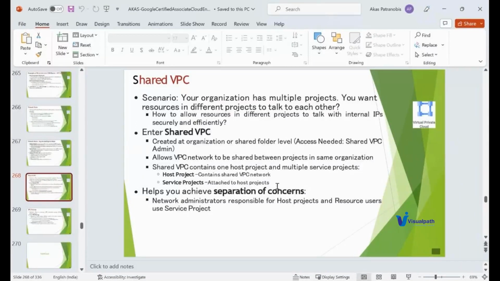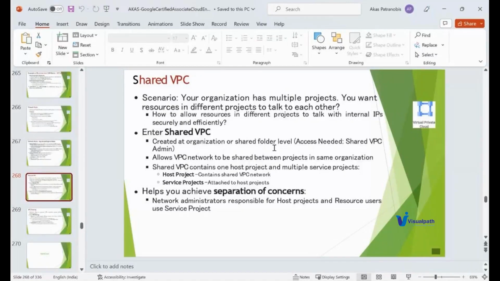Only one thing: at your folder level you have to give an IAM role of shared VPC admin to one of your network team or network group, and then they can take it forward in setting this up, right? So these are the two things you can follow. I'll share the link on how you can set up shared VPC. You can just take a look at it.